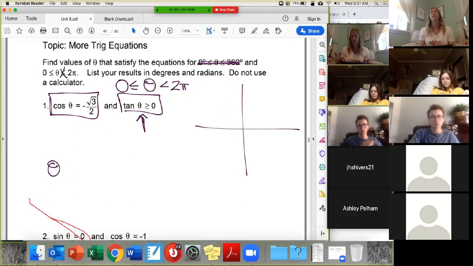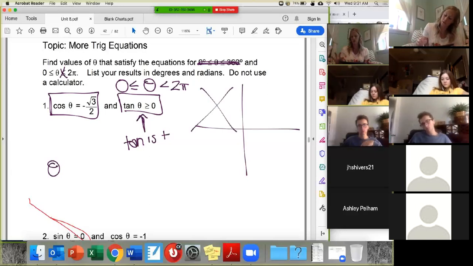Tangent is what kind of number? Positive. So if tangent is positive, which quadrants is it eliminating right now? 2 and 4. So I'm not going to get any answers out of those 2 because tangent has to be positive. That's all this second thing is giving me.